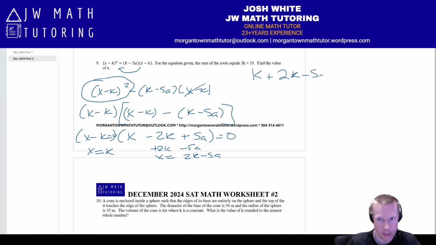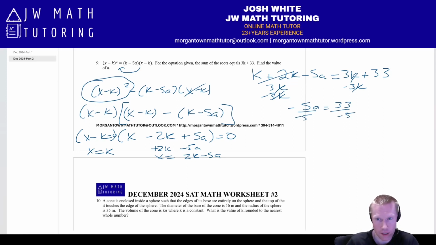So we're going to add that to the first root of k, and again set equal to 3k plus 33. Notice here, these make 3k, and now the 3k's are actually going to cancel out. That's what's going to allow you to solve this equation for a. And it's going to be negative 33 over 5.